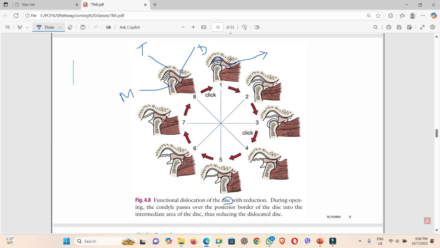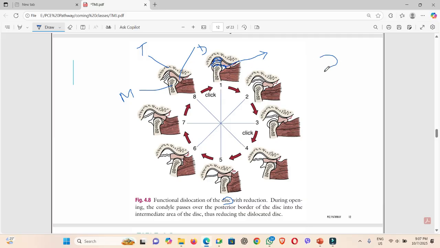Now the disc has moved anteriorly compared to the condyle. If the condyle has to move, it will start rotating, the rotation component while opening the mouth. Now this condyle has to jump to the middle of the disc. The middle of the disc was supposed to be exactly at the center of the condyle, but it is now dislocated anteriorly.